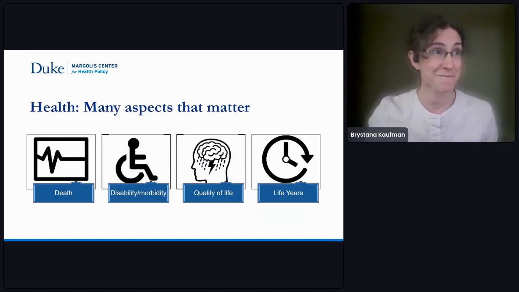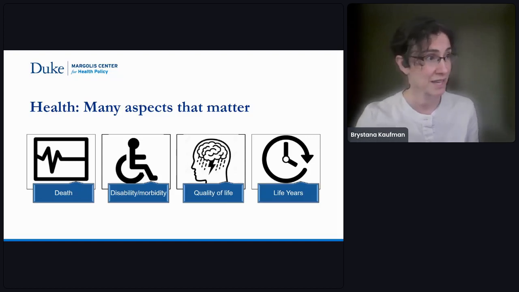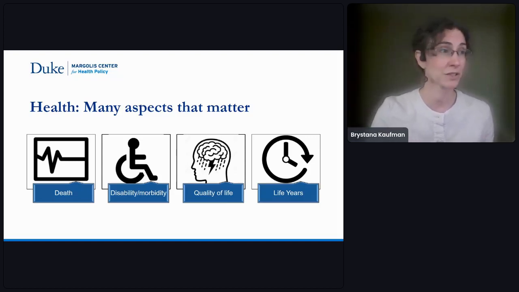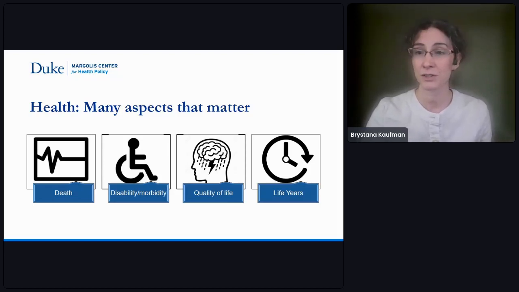So as I mentioned, there are many different aspects of health that we want to incorporate into that single consolidated measure. So death is an important one, but we also want to think about disability and morbidity that affect the quality of life, your functional ability, activities of daily living. Quality of life also includes your mental health and your social support.